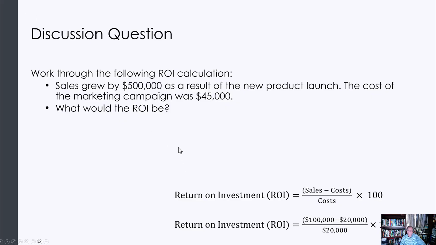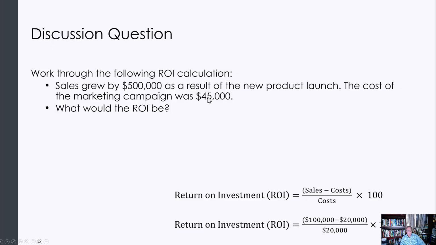There's probably a key piece of missing information right here. We're probably missing what the cost of the product is. When we think about sales minus cost, that's gross sales, but we don't have the cost of the product in there. So we've got to add the $45,000 for the marketing campaign on top of the product cost. So if our product cost was $400,000 and we add the marketing cost of $45,000, then we have $445,000.